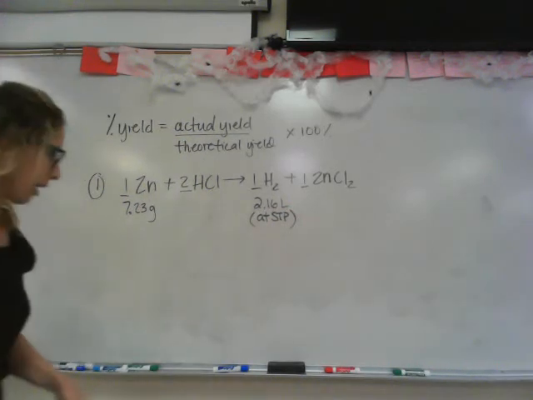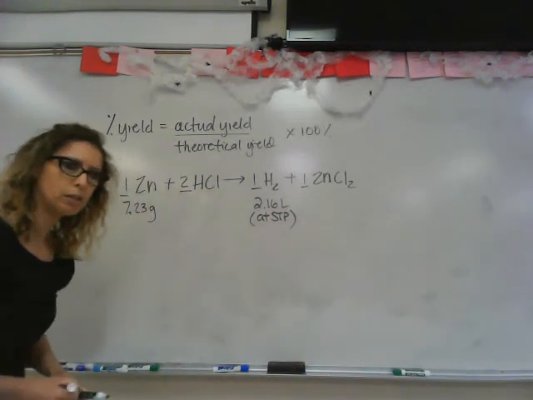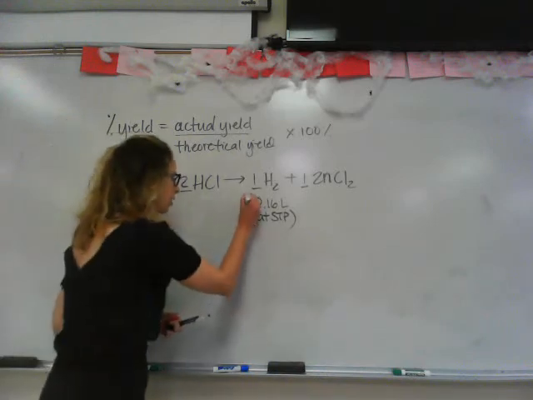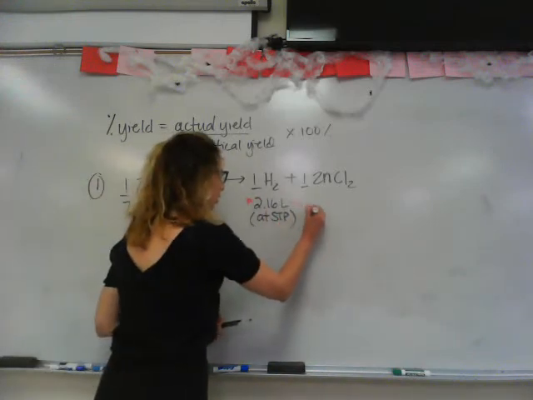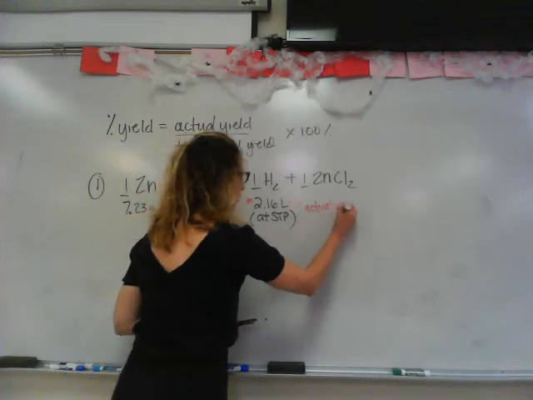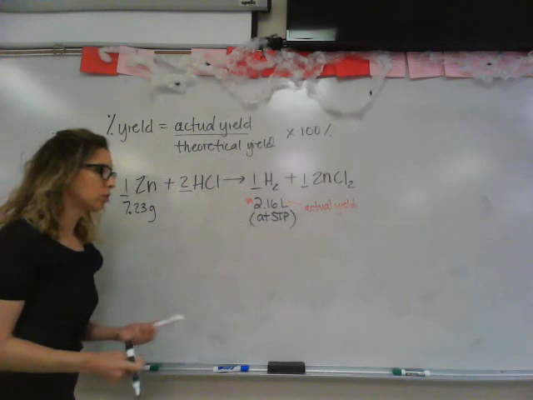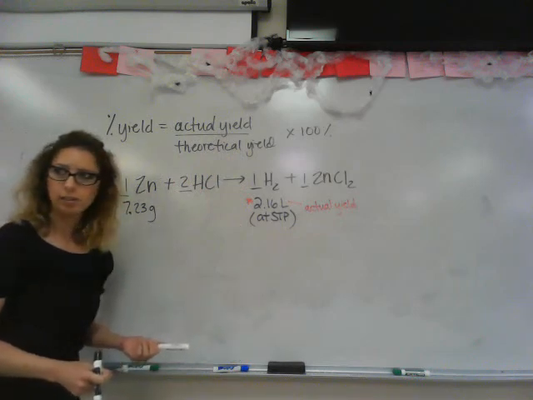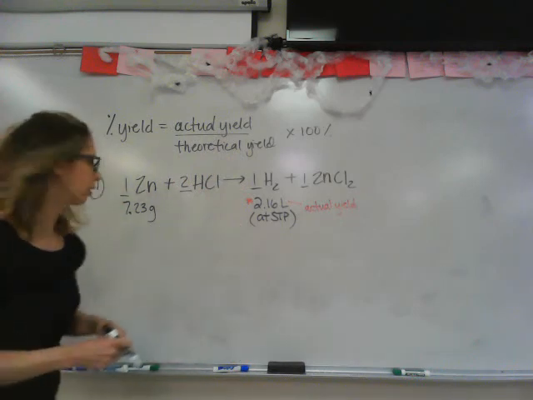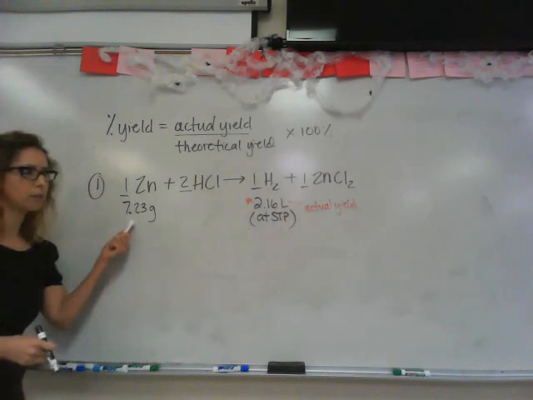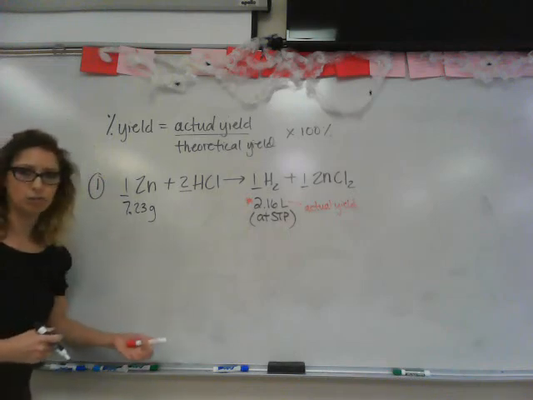They told us the actual yield in the problem. If you go back and you read it carefully, this right here is your actual yield. Okay? That's how much they made. We don't know the theoretical yield, right? Because you calculate the theoretical yield with the reactant that they gave you.